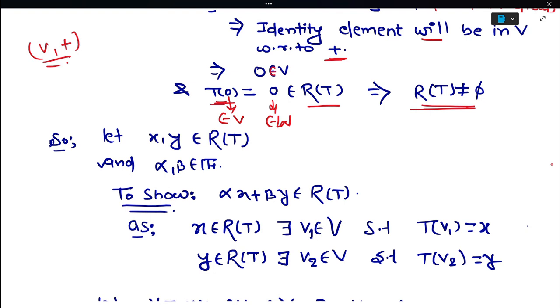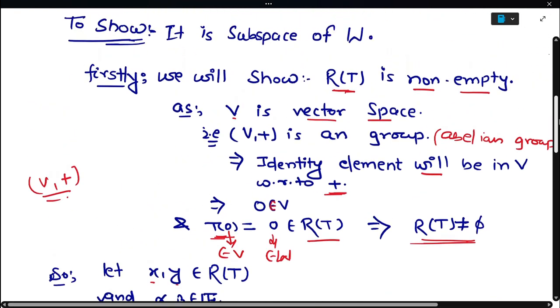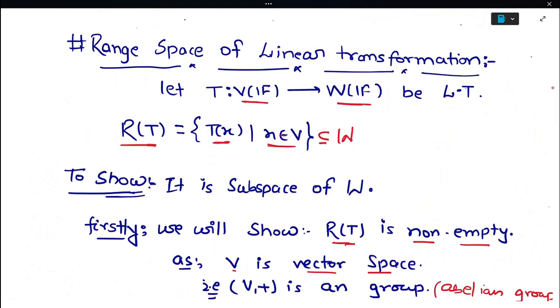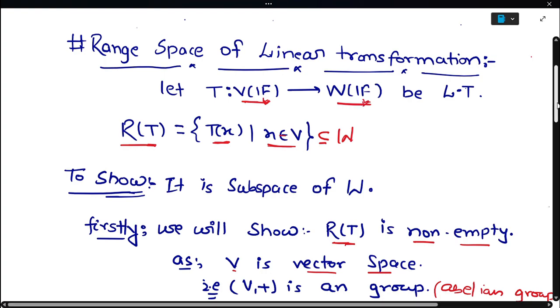Assume we have two elements. As the range space is non-empty, we can take elements x and y belonging to the range space, and assume alpha and beta are constants taken from the field F. We know that the field should be the same in a linear transformation: the field of the domain vector space and codomain vector space should be the same.